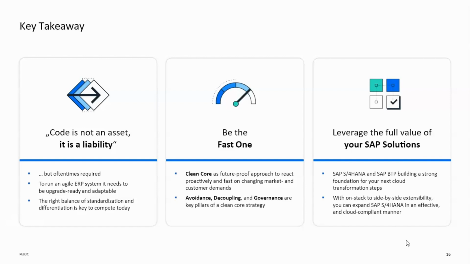Organizations can diminish complexity, enhance adaptability, and effectively leverage the latest technological advancements from SAP and its partners. This strategic approach ensures a robust, agile, and innovation-friendly IT ecosystem conducive to sustained organizational success.